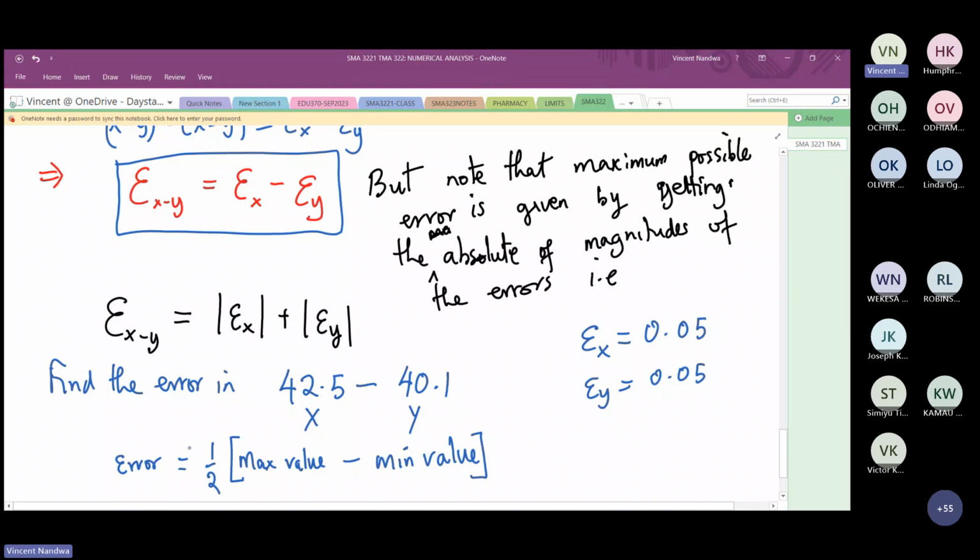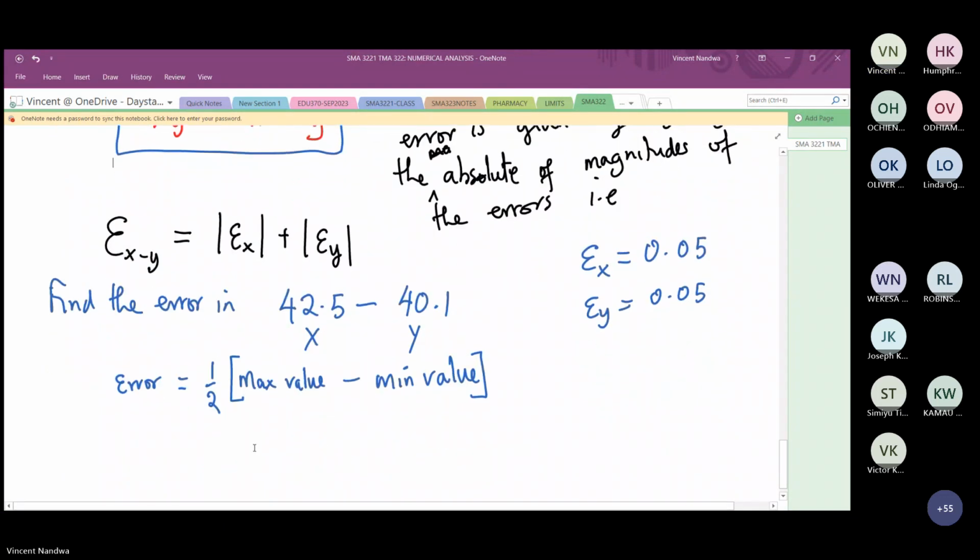So then now, which means the number 42.5 is between 42.45 and 42.55.